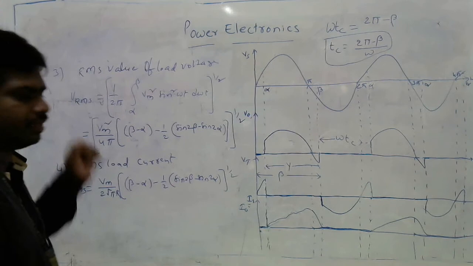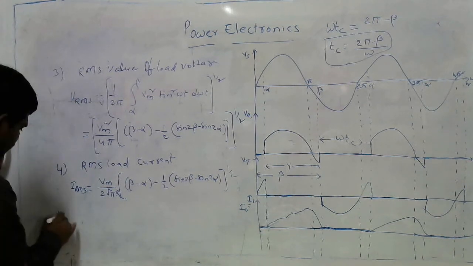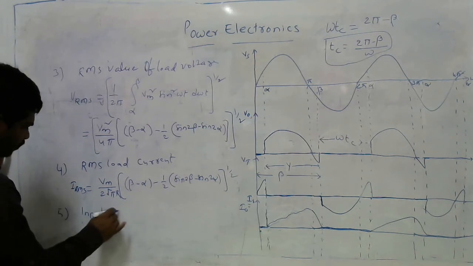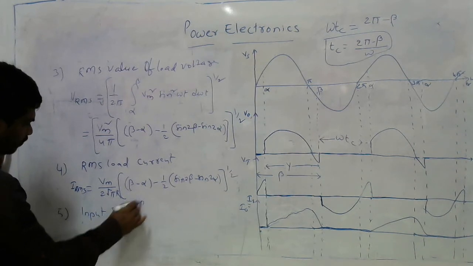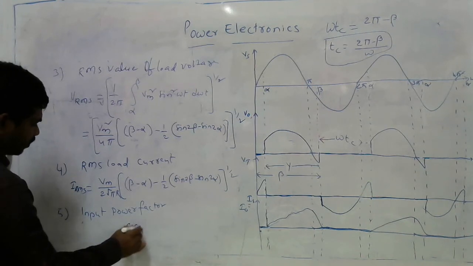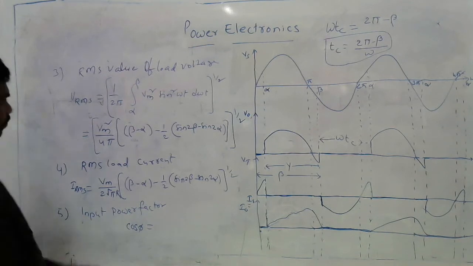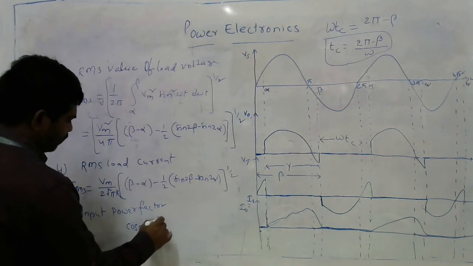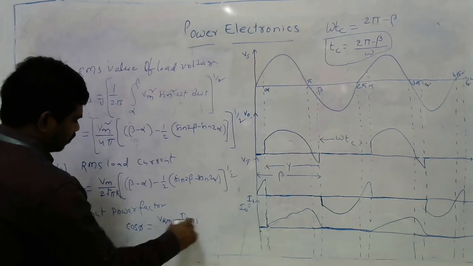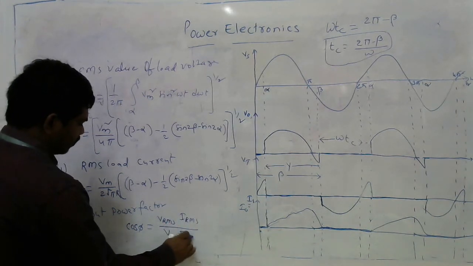With the help of this, can we calculate the input supply power factor? Input supply power factor is cos phi, which is the power delivered to the load, VRMS times IRMS, upon VS times IRMS.